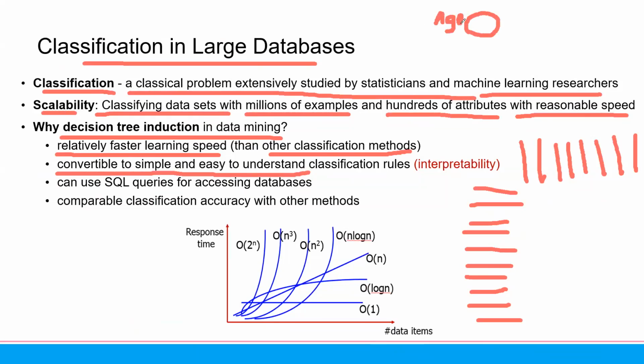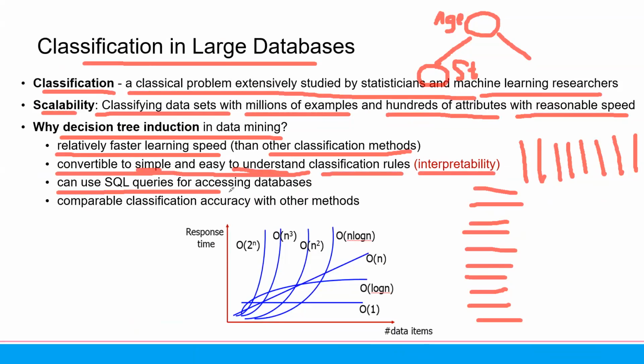Let's say, okay, this is the attribute age. Then I understand that this is the most important attribute for the decision tree. And then I will make the next attribute, maybe this is student. Okay, this will be the next possible condition to make a good decision. So it is easy to understand, and it is simple for the classification rules because it has interpretability. Okay, we can interpret it.